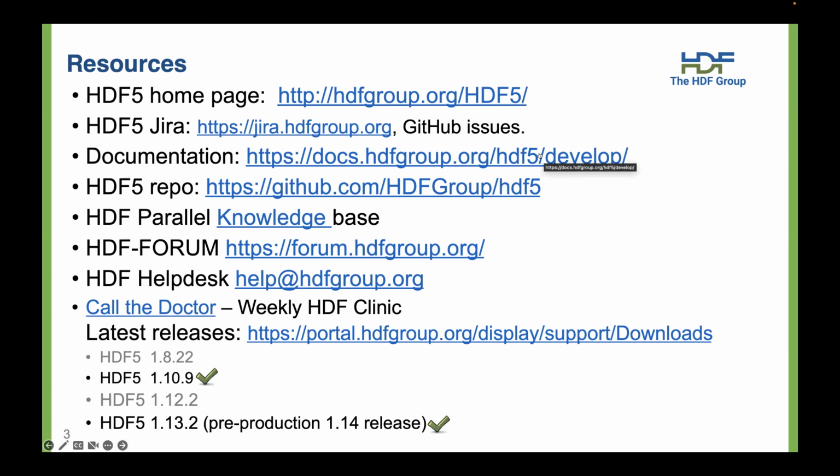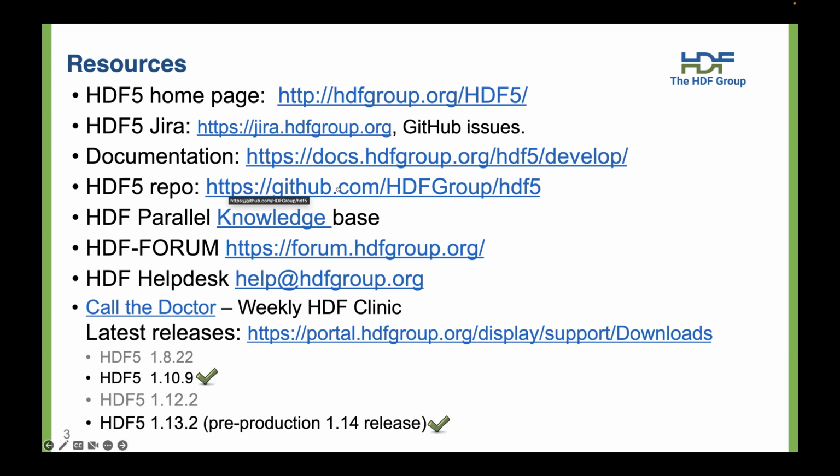We have two sets of documentation right now. One is a little older and was manually made, and now we're moving to Doxygen. So we're revamping all our documentation to use Doxygen, and you'll see a link in the documentation page to that new Doxygen-generated documentation. That's probably the most up-to-date going forward.